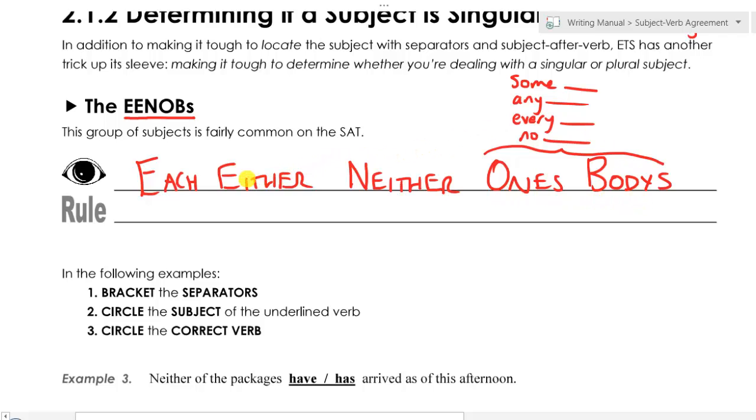What we need to know about the ENOBs on the SAT is that the ENOBs are always singular. This is the rule you need to write down. It's the rule you need to memorize. The ENOBs are always singular. So if you see one of these 5 words or types of words on the SAT, as a subject, the subject is singular and the verb needs to be singular.